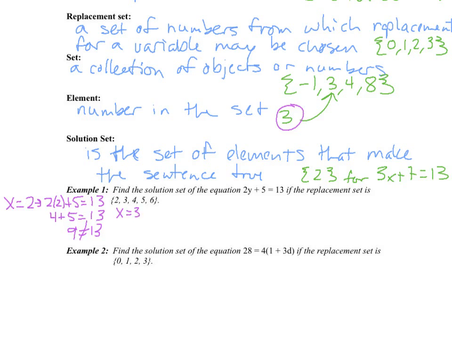Try the next one, 3. So 2 times 3 is 6, and I get 11. So 3 is not in my solution set. Let's try 4.